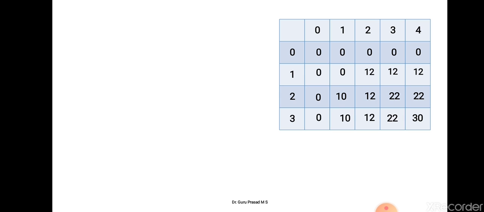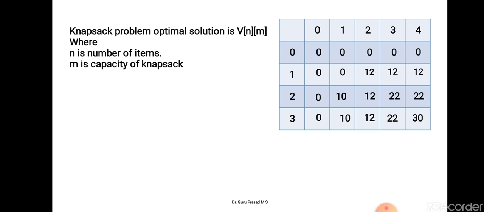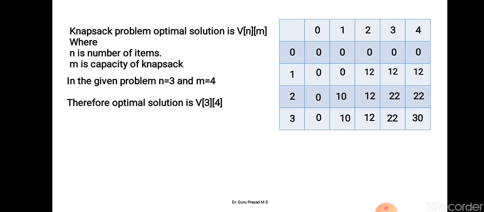From the matrix, we computed the values and stored them inside the matrix. Now we have to find the optimal solution. The knapsack problem's optimal solution is V of n comma m, where n is the number of items and m is the capacity of the knapsack. In the given problem, n equal to 3 and m equal to 4.